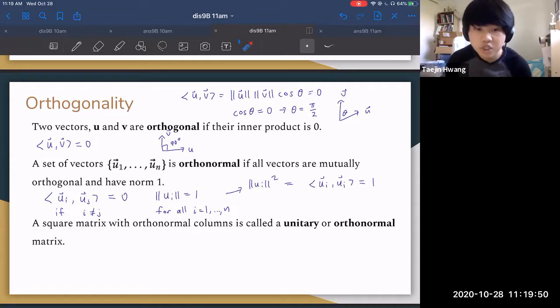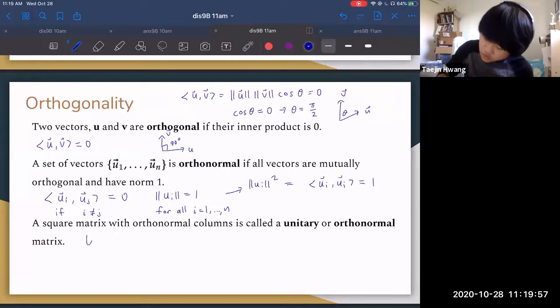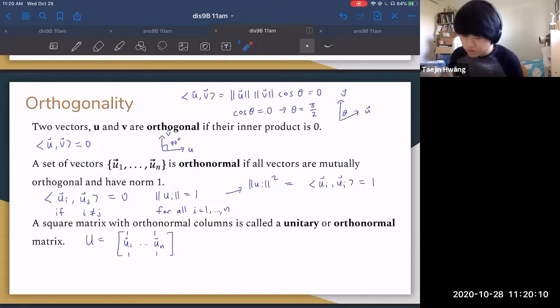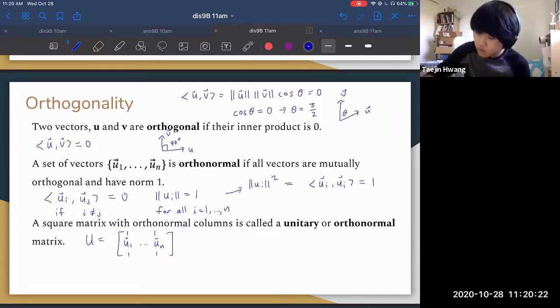And the last thing to mention is that a square matrix with orthonormal columns, so if we have a matrix U with vectors u1 through un as its columns, all of which are orthonormal, we call this matrix a unitary or sometimes orthonormal matrix, because all of its columns are orthonormal.